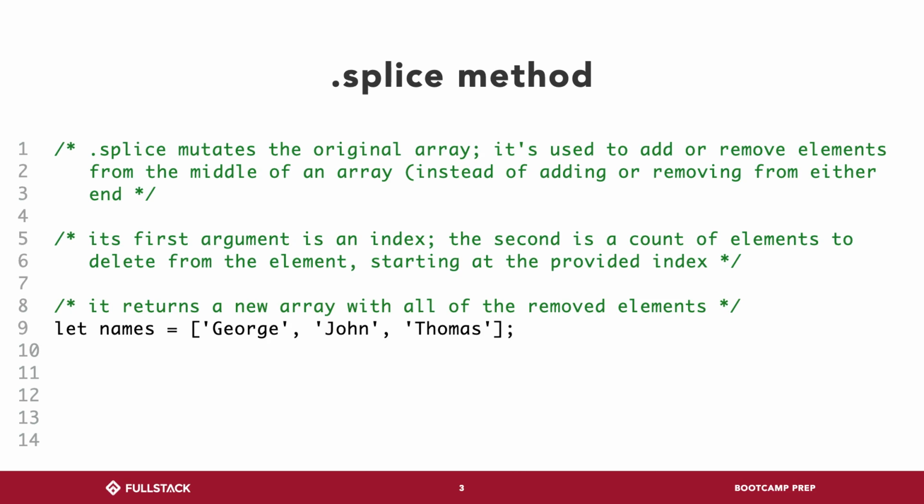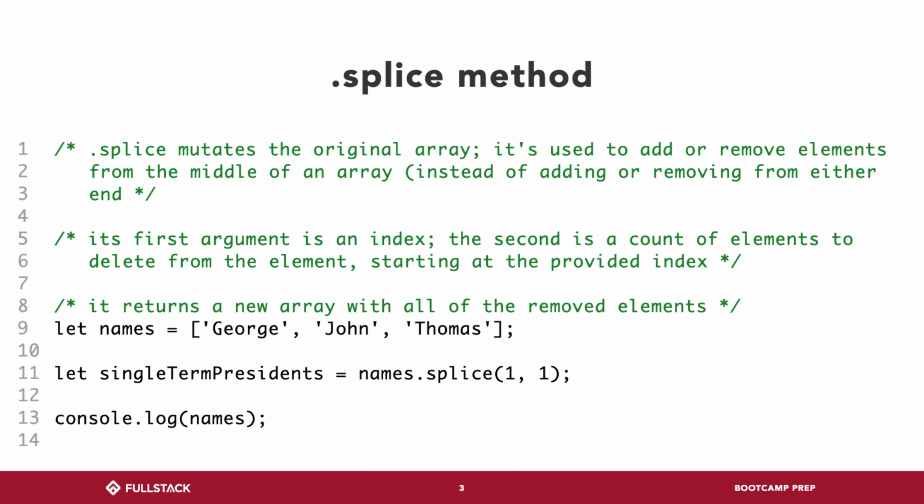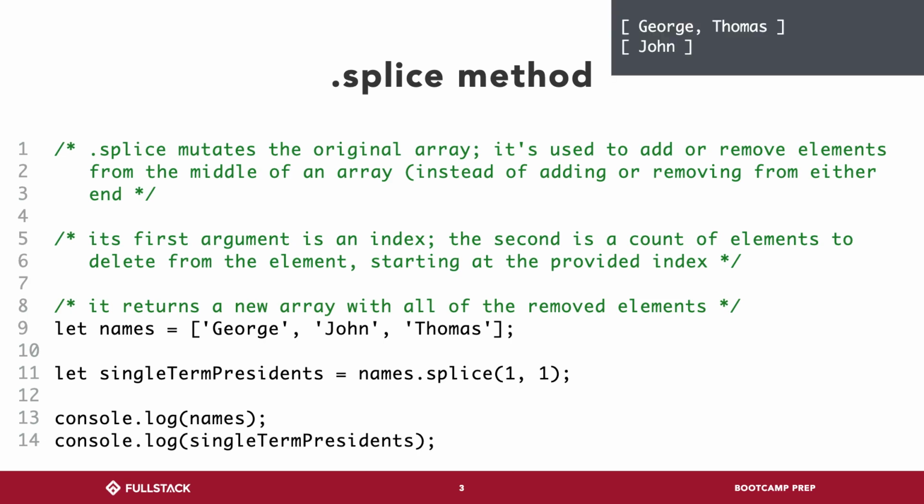So you have let names be an array of three things, right? George, John, and Thomas. And then we declare a new variable, and we set that equal to names.splice, and we pass in 1 and then 1. We console log names and we console log single term precedence. The reason names is George, Thomas is because we started at index 1 and we took out one thing, right?